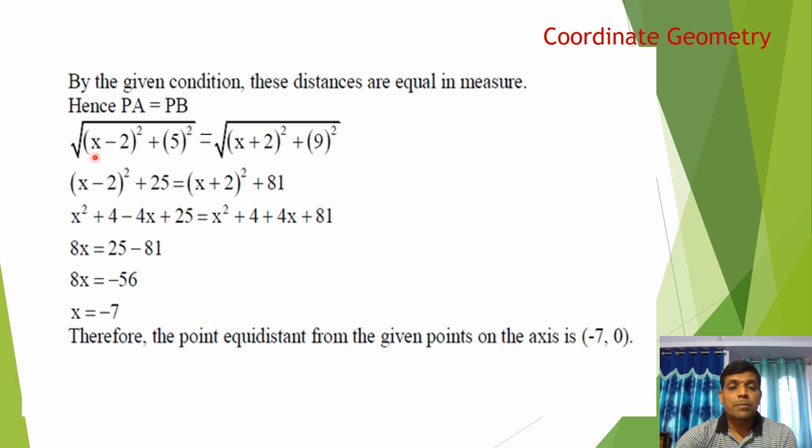So root over (x minus 2) whole square plus 5 square is the LHS, and root over (x plus 2) whole square plus 9 square is the RHS. These two are equal terms, both having square roots, so on both sides the square roots cancel. What are the remaining terms? (x minus 2) whole square plus 25 equals (x plus 2) whole square plus 81.